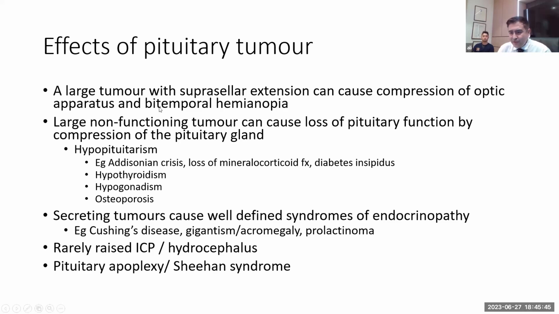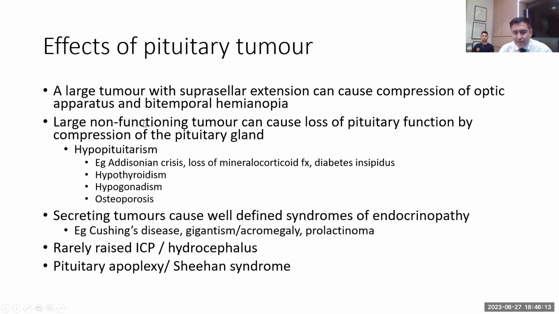Optic chiasm is often directly compressed, and compression of the chiasm can cause loss of the temporal aspects of the visual field. So a narrowing of the field of vision, described as a bitemporal hemianopia, is one of the common presenting features of pituitary tumors that are macroadenomas with suprasellar extension.